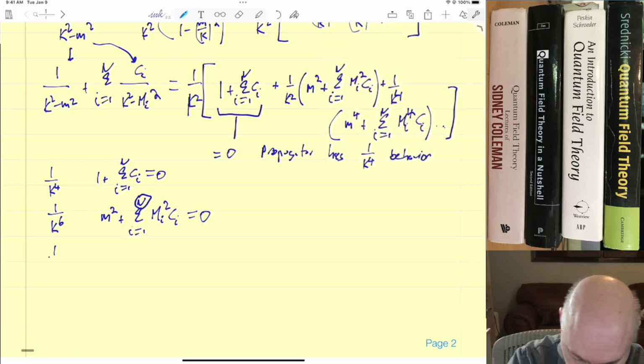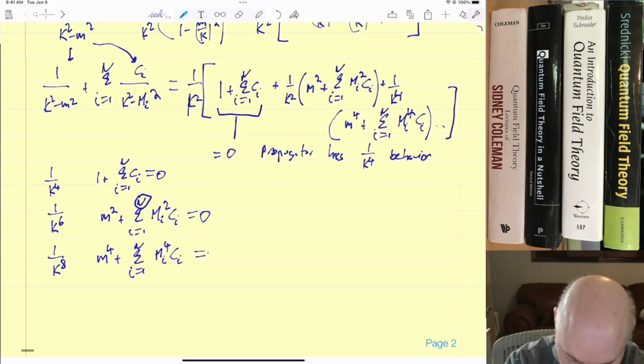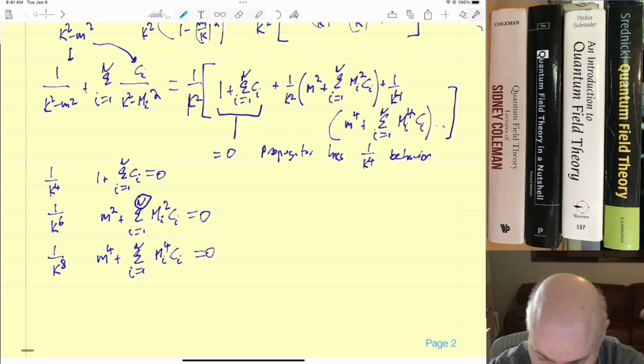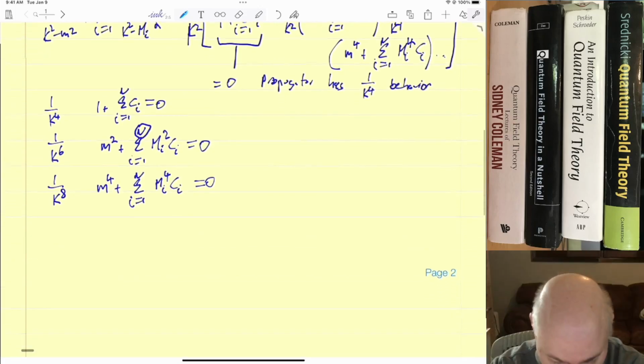And just going on here, for 1 over k to the 8th you set m to the fourth plus the sum from i equal 1 to n of mi to the fourth ci equals 0. So you can get any kind of k behavior, even k in the denominator power, that you need in order to get convergence.